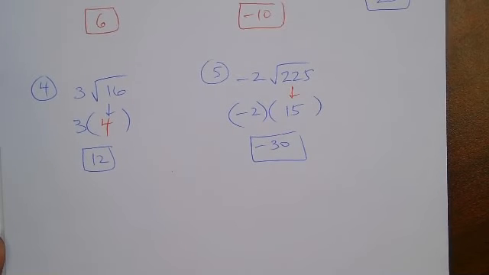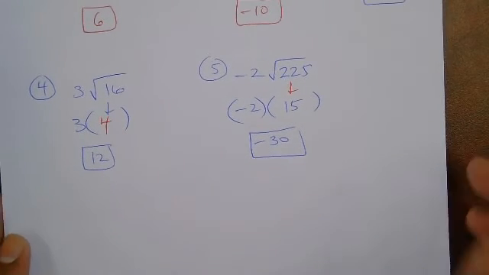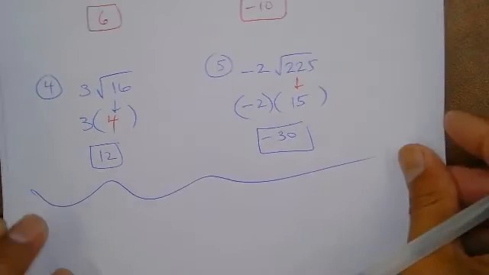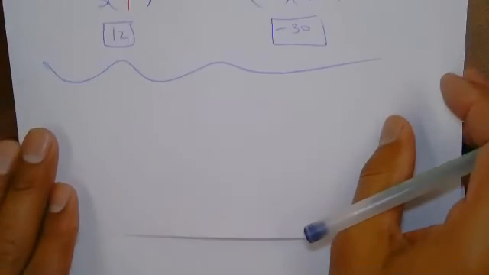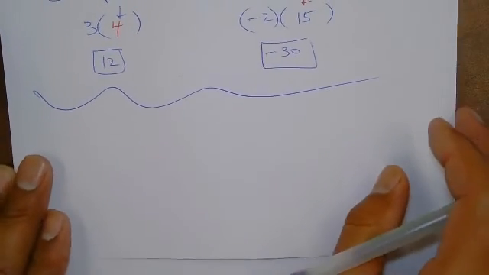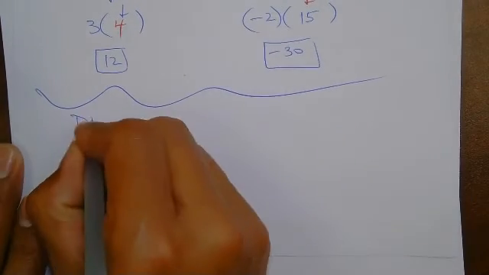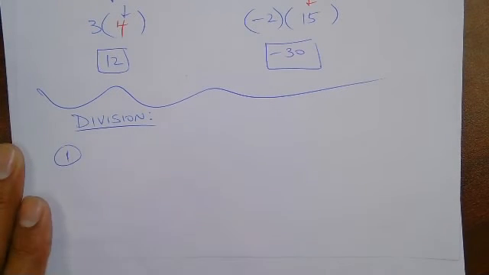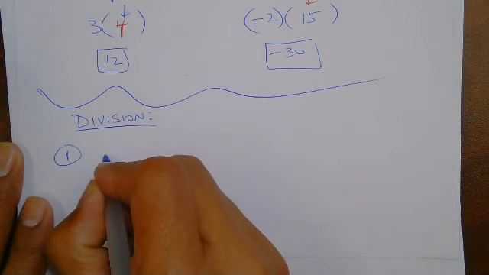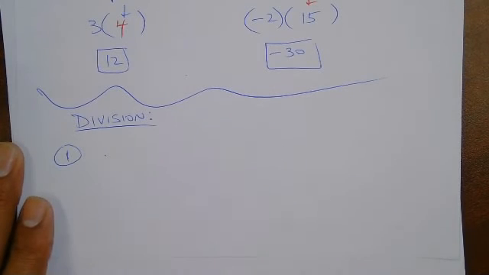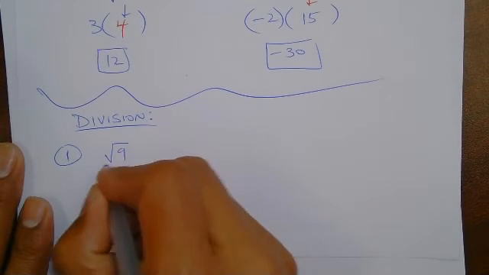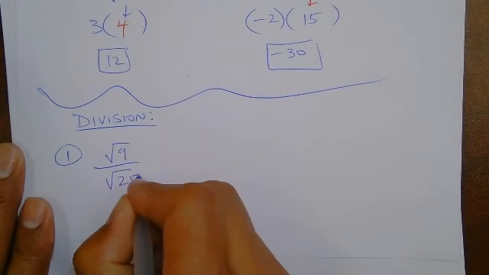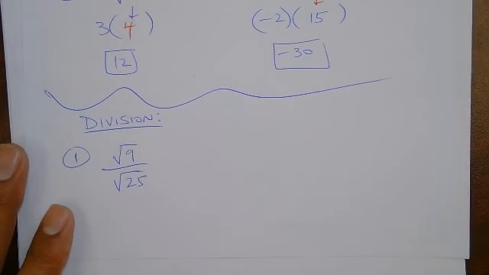All right, now moving up to these other ones. These are the type of problems that are going to have kind of like division. They're going to be in fraction form, like the one I put over there. This one has the square root of 9 over the square root of 25.